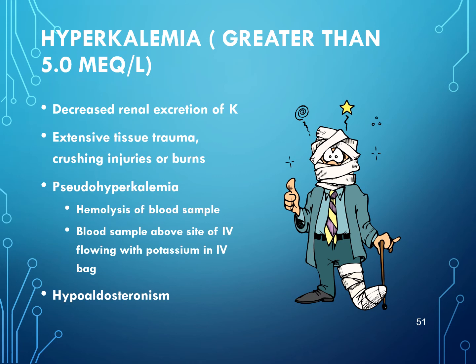Certain medications can actually cause this as well. Obviously, potassium chloride, it contains potassium in the name. If we're giving a potassium, it can cause hyperkalemia. Heparin, ACE inhibitors, NSAIDs, beta blockers, and potassium-sparing diuretics. Make sure you can identify your potassium-sparing diuretics.